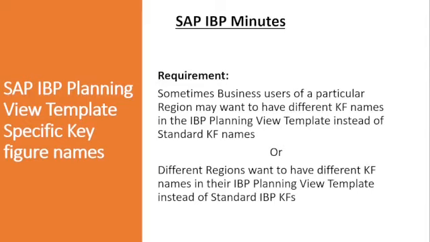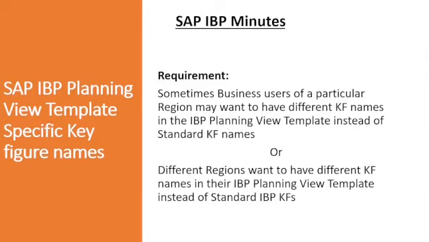Sometimes business users from different regions, let's say you have multiple regions like the America region, the Europe region, or some more regions, may want to have different key figure names.